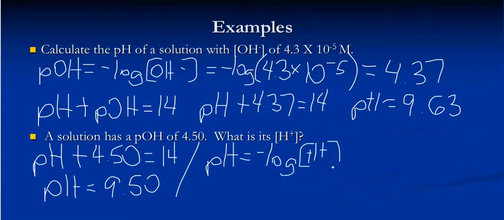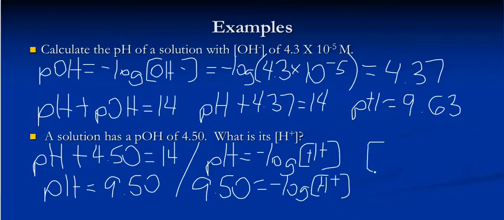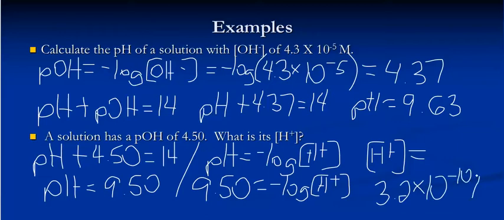So 9.5 equals negative log of H+. In order to get H+, I have to take the antilog of negative 9.5. So take antilog of negative 9.5, and you should get on your calculator 3.2 times 10^-10 molar.